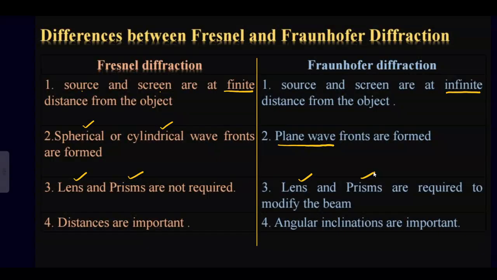As we know, if the object is at the focus, the image will form at infinite distance, so we use that property here. In Fresnel, the distances are important. In Fraunhofer, angles are important.